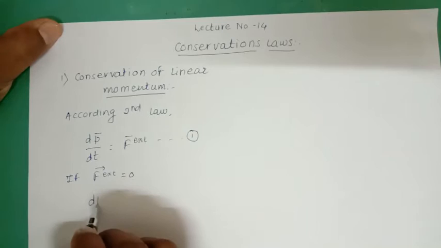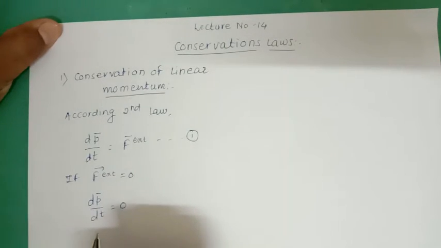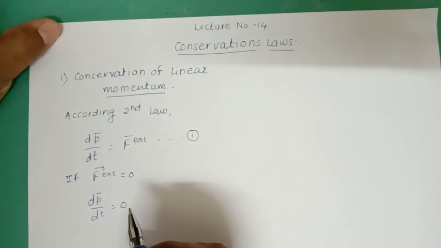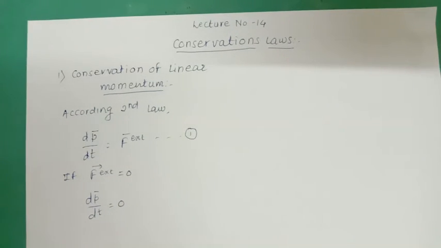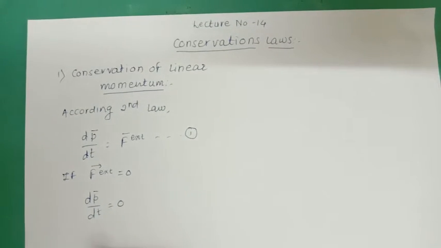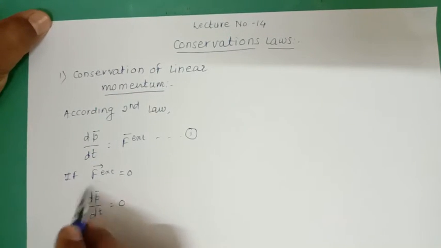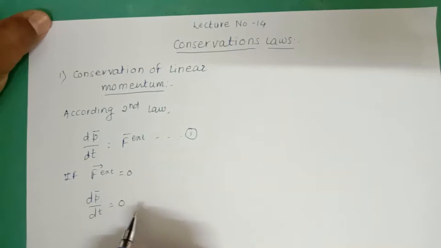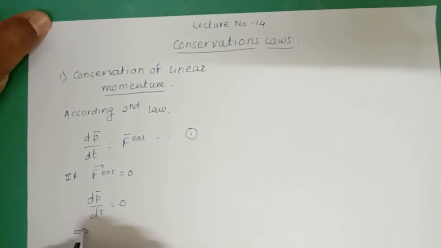When the derivative of some quantity comes out to be 0, this quantity is constant with respect to time. So what is the conclusion? dp by dt is 0, therefore p bar is equal to constant.